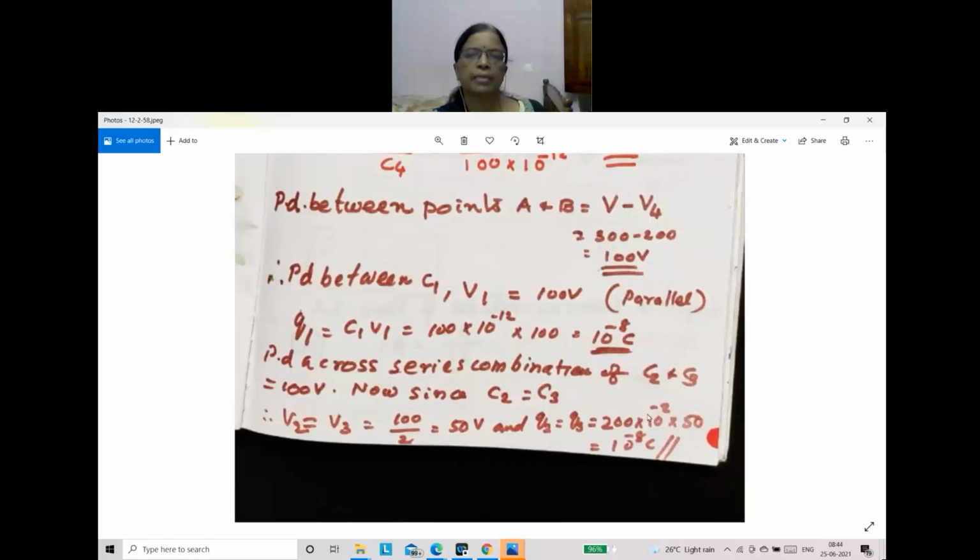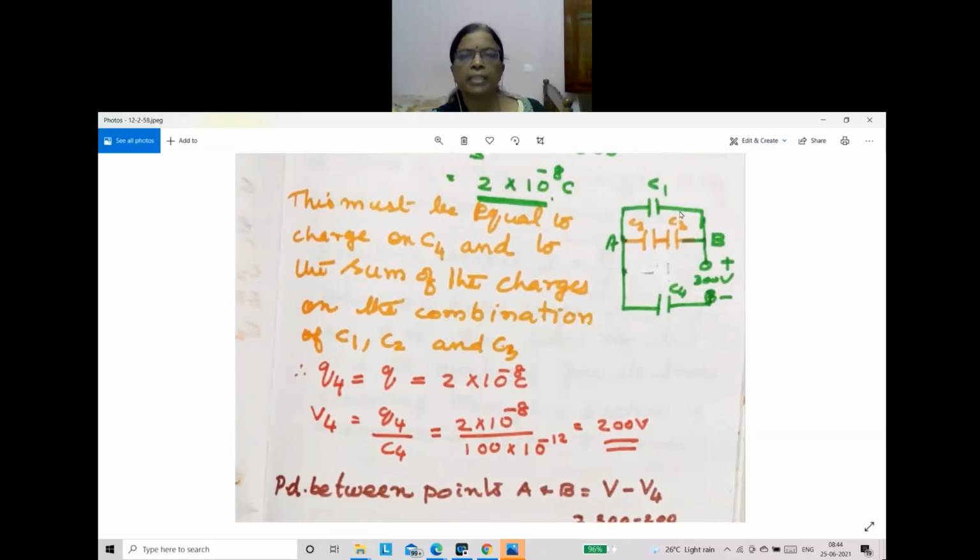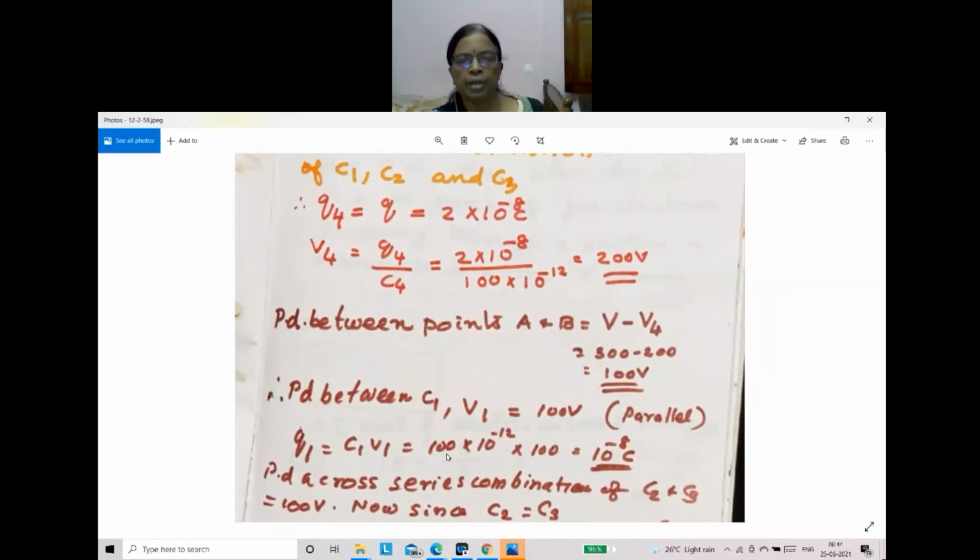The voltage is 50, so we get 10 raised to minus 8 coulomb. And the charge across C1 equal to C1 V1, C1 is 100 picofarad into V1 which is 100, so we get 10 raised to minus 8 coulomb.